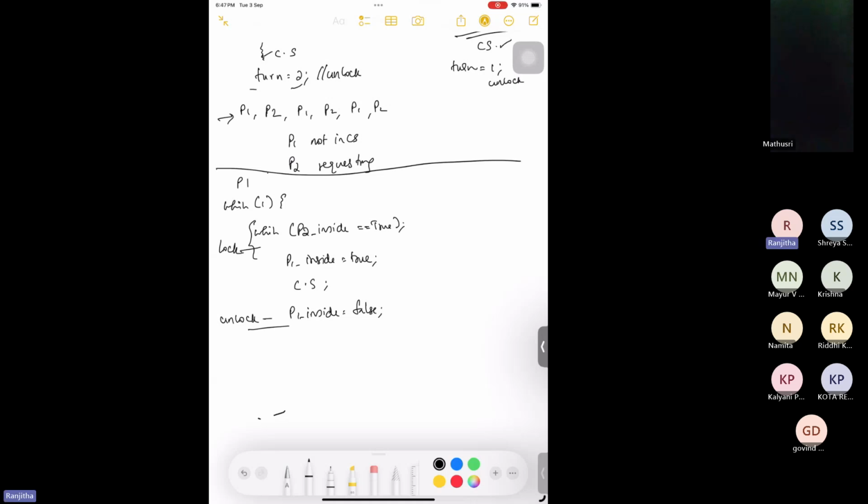Same way for P2: here we are saying that if P1 is inside, then wait.